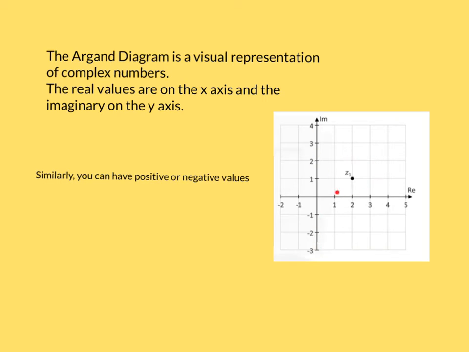You can see here I have Z1. Let's look at where it lies. In the real part, it's positive 2, so it's going to be 2. And the imaginary part is also positive, so that's going to be 1i, or what we call i.